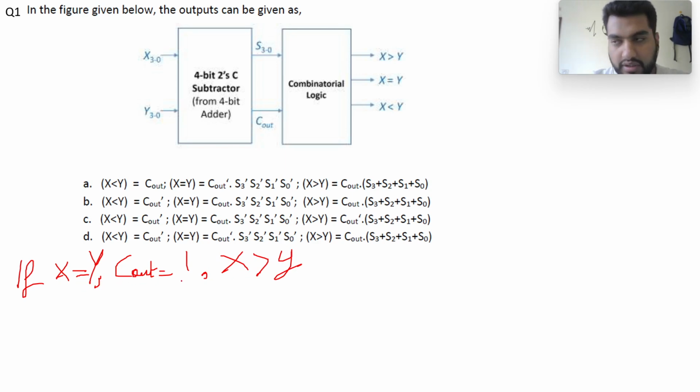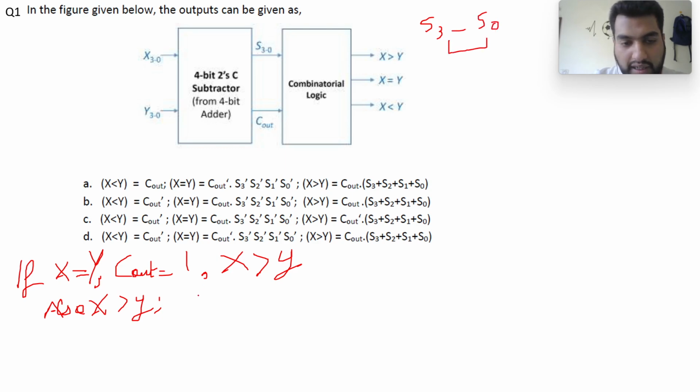If x is greater than y, C out is equal to 1. Also for x greater than y, if any of the S bits, from S3, S2 to S0, is 1, then x is greater than y.